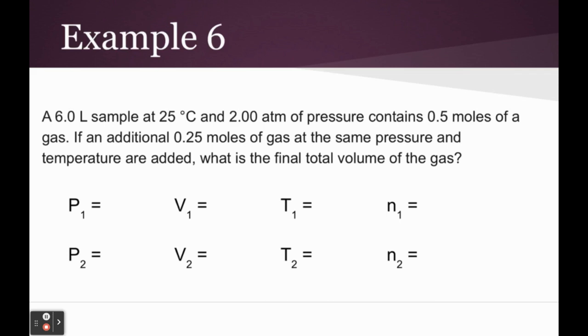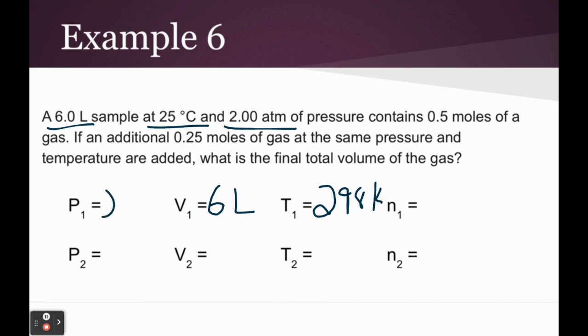All right, example problem number 6 says a 6-liter sample at 25 degrees Celsius and 2 atm of pressure contains 0.5 moles of a gas. So 6 liters is our V1. 25 degrees Celsius is our T1. Again, we want that in Kelvin, so that would be 298 Kelvin.